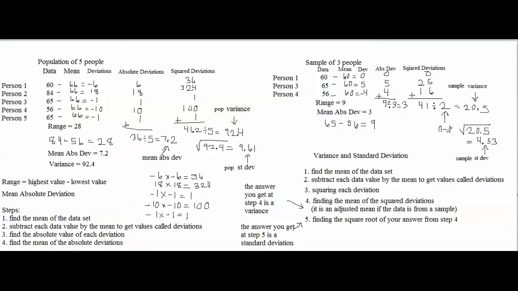Now let's talk about why there's this adjustment when you have data from a sample. When you calculate the variance or standard deviation to measure the spread of a sample, the goal is to get a rough idea, or to estimate, the spread of the entire population. In other words, the purpose of calculating the sample variance or sample standard deviation is to try to get a rough idea of what the population variance or population standard deviation equals.